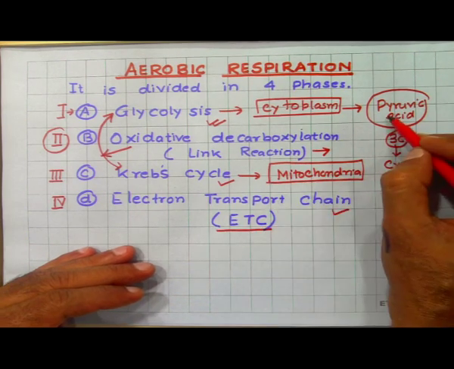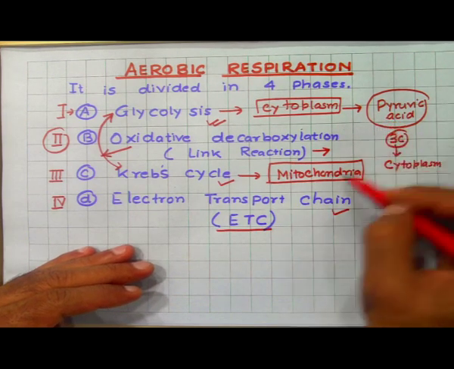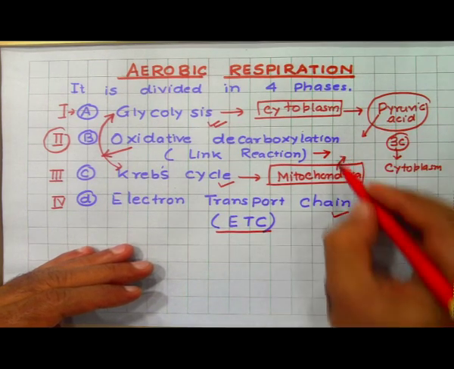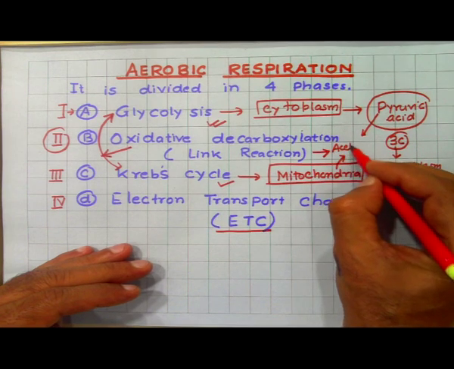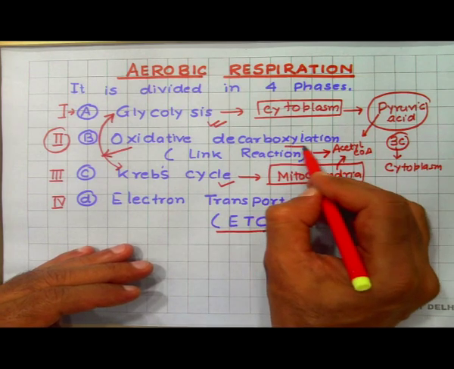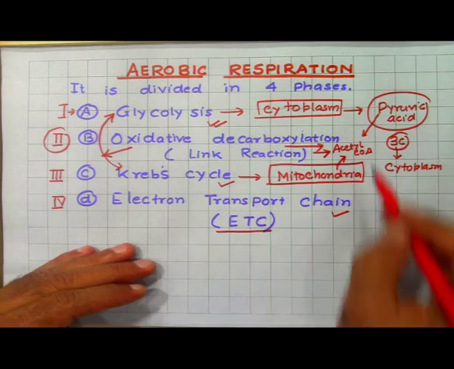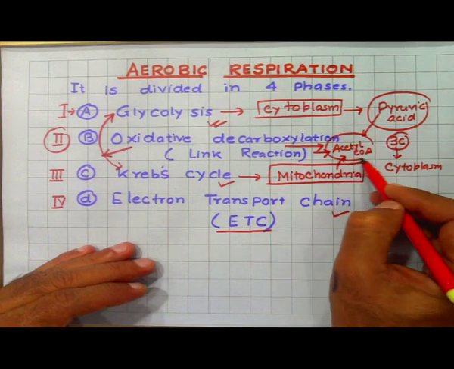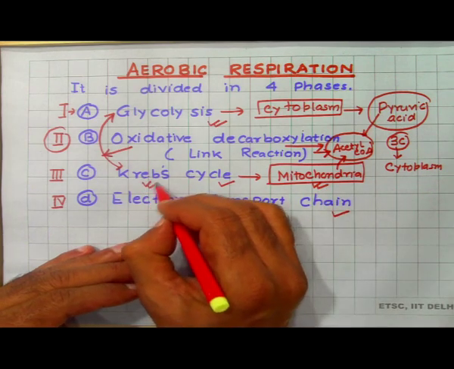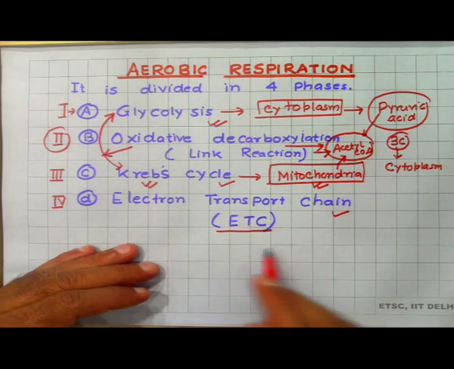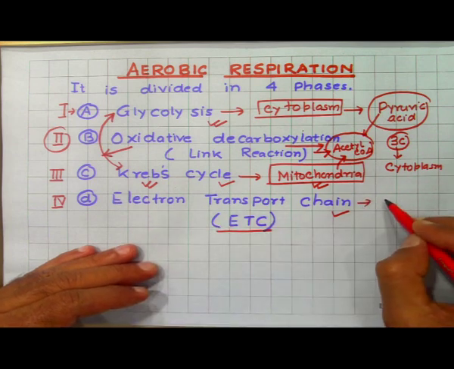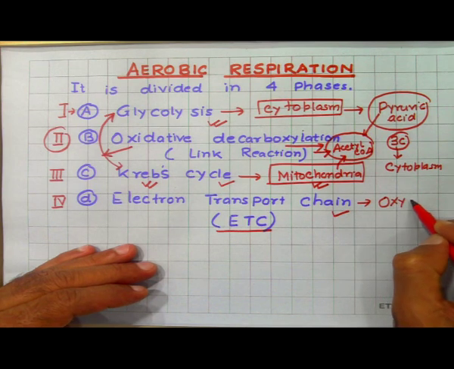Before pyruvic acid enters into the mitochondria, a 2 carbon compound is formed, called acetyl coenzyme, which is the product of link reaction. This acetyl coenzyme moves from the cytoplasm to the mitochondria where Krebs cycle takes place and ATP is released, and the electron transport chain also takes place in mitochondria, in oxysomes.